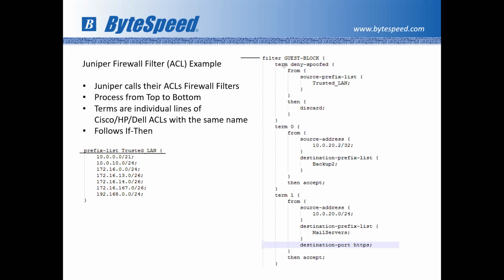If the source prefix is from our trusted LAN, if it's any of the subnets from our trusted LAN on the left there, then we just immediately discard it. We don't necessarily have to log it, but we could log it if you want. We can count it, etc. But mainly this is just denying spoofed traffic.